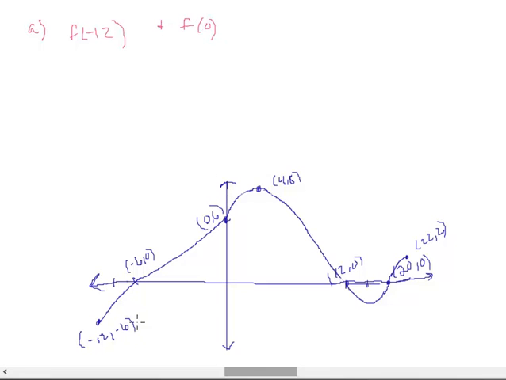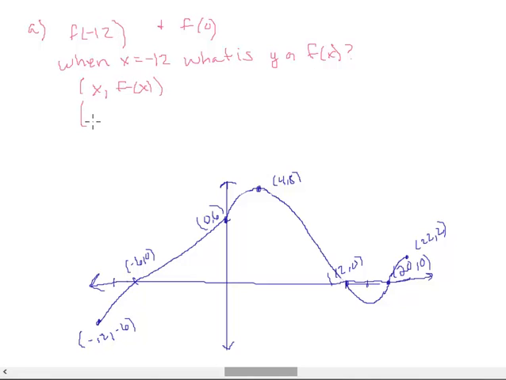Okay, so what does this mean? Find f of negative 12. This says when x is equal to negative 12, what is y or f of x? Because remember, every point on that graph is x, f of x.